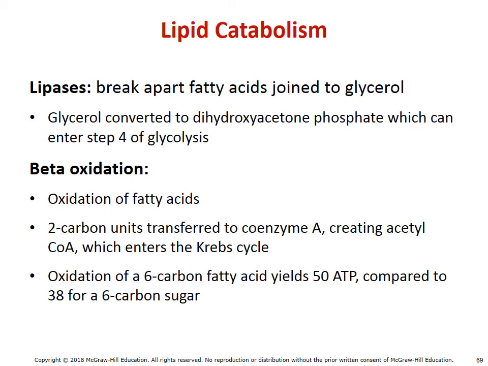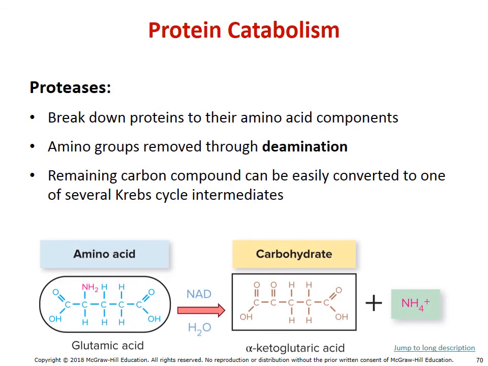So we do prefer to use glucose if given a chance, but if we have to, we can burn lipids as well. Proteins is a similar idea: usually we don't want to burn proteins. Proteins would be one of the last things we'd want to burn, but we do have mechanisms to burn them. Proteases help break down proteins into amino acids, their basic components, which can then be plugged in and used for energy production.